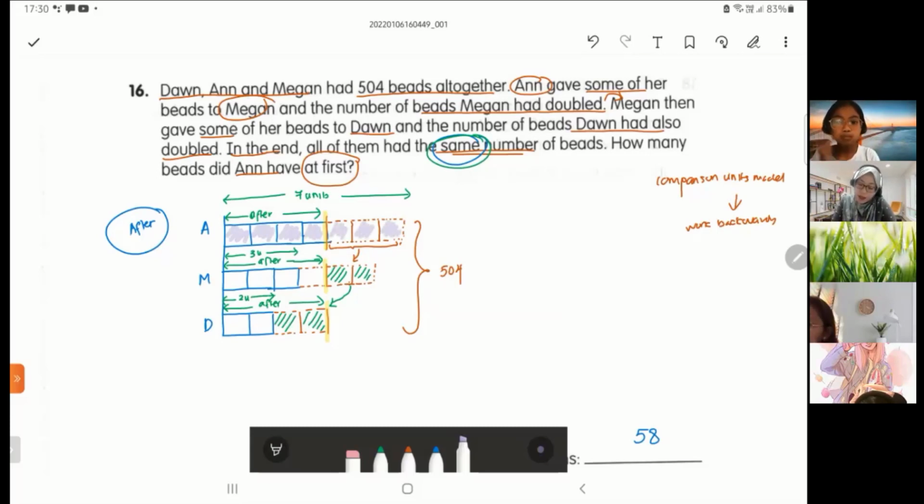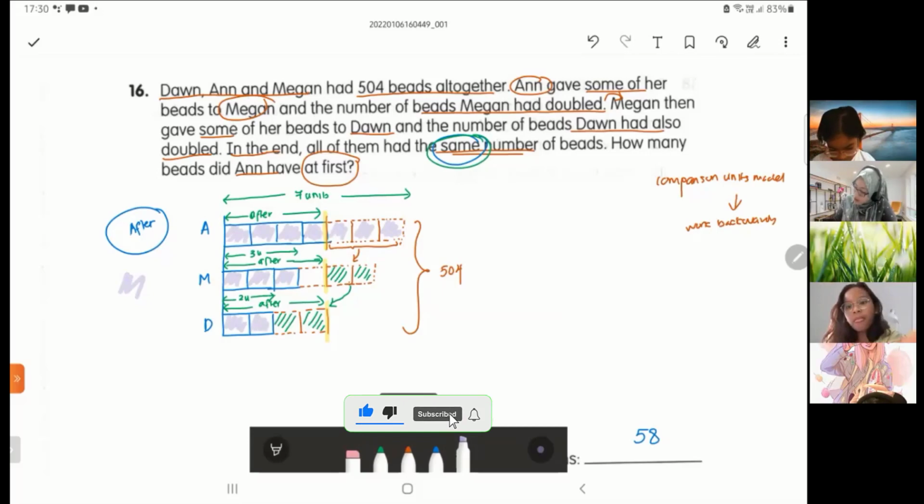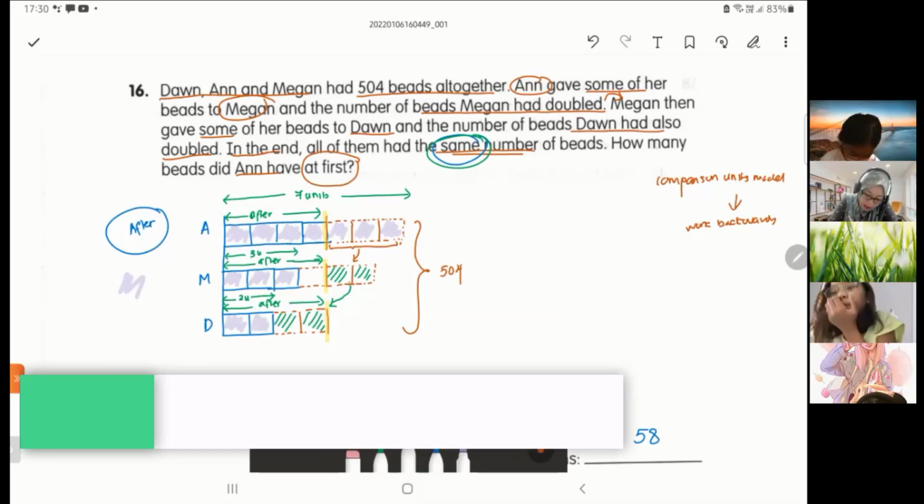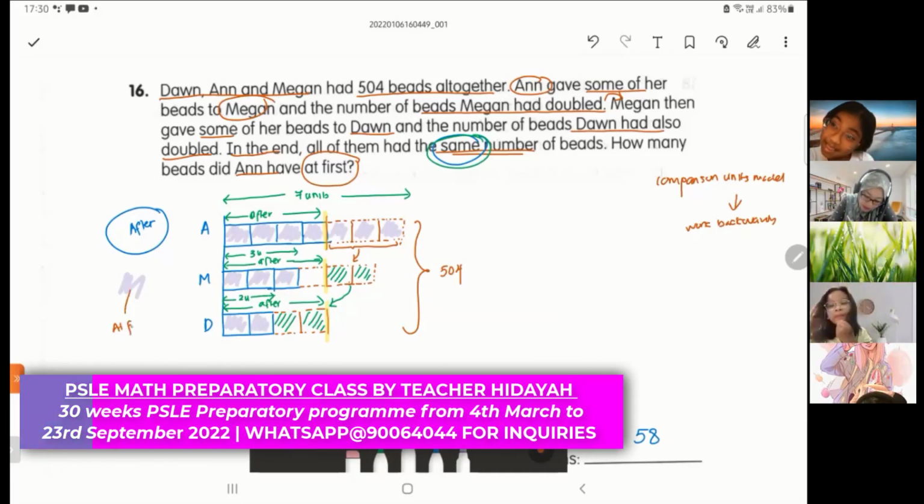This is at first. The one I shade in purple is at first. 1, 2, 3. This is Megan. Then Dawn is 1, 2. This is at first, so at first is in purple.